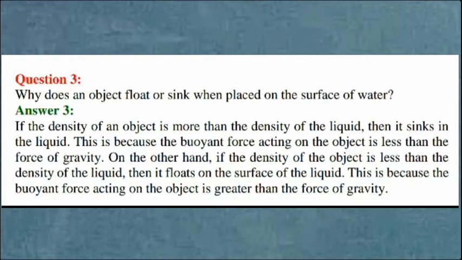On the other hand, if the density of the object is less than the density of the liquid, then it floats on the surface of the liquid. This is because the buoyant force acting on the object is greater than the force of gravity. Okay, so this is the answer of this question.